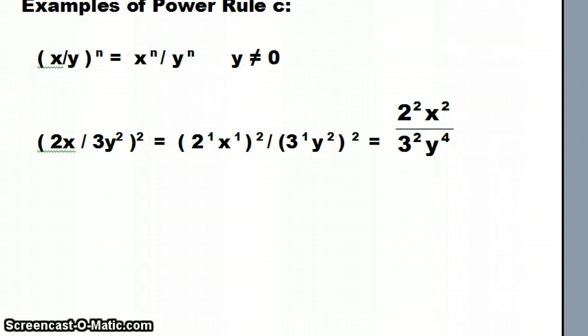So on the top we have 2, 1 times 2 gives us a 2 for its exponent. X has an exponent of 1, 1 times 2 gives it an exponent of 2. On the bottom in the denominator, 3 has an exponent of 1, 1 times 2 is 2, and the y has an exponent of 2, so 2 times 2 is 4. So we can express that one as a fraction like this.